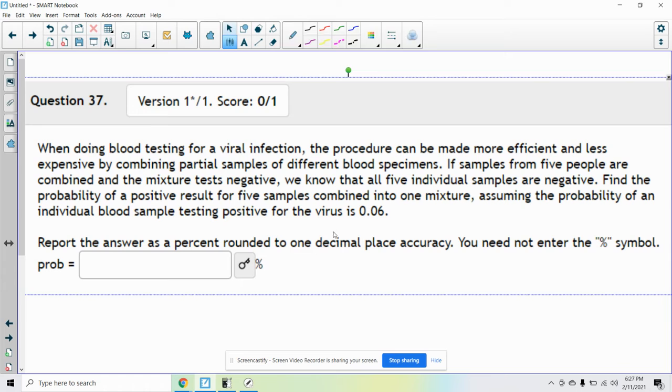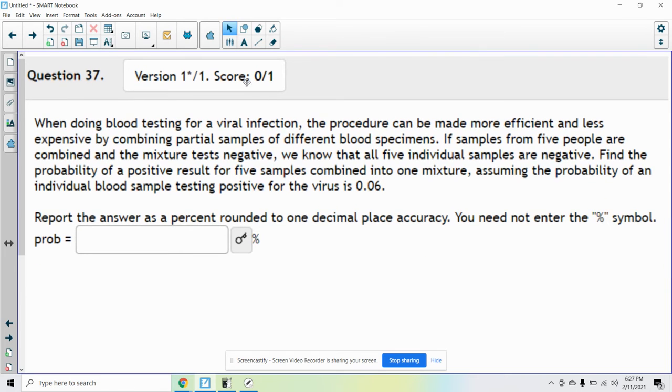So this is the same idea, but it says if we're taking a sample of blood, 5 samples, we will reject if any one of the samples is positive. And they have a chance of being positive at 0.06% or 0.06 probability.